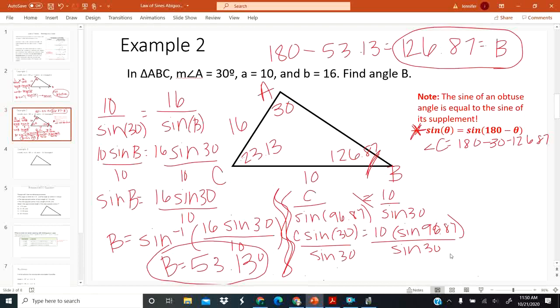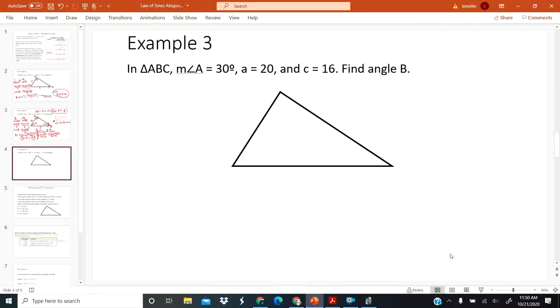So let's do one more example so that you can see a time when that doesn't necessarily work. So we have A, B, and C again. So let's fill those out. And we have that A is 30 degrees, side A is 20, and side C is 16.